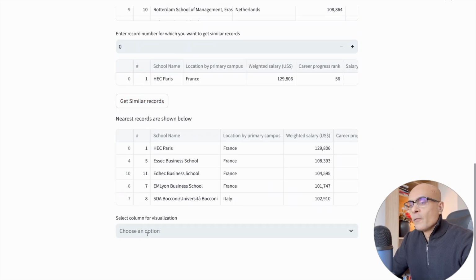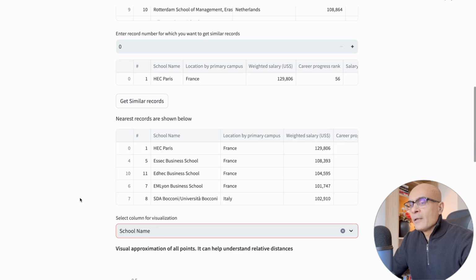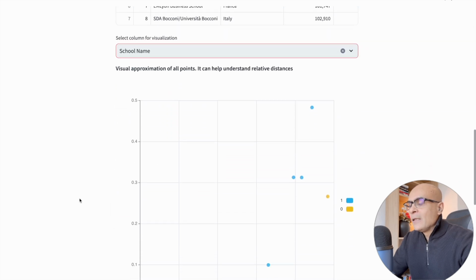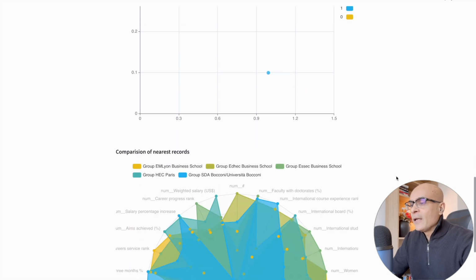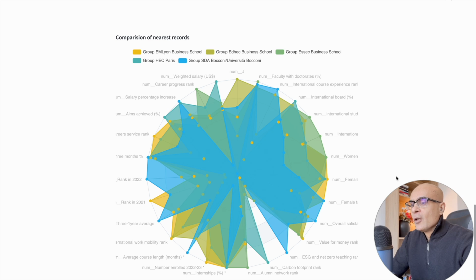And let us also visualize this information, and here you can see that the HEC Paris school is indicated as an orange dot, and all other schools are indicated as blue dots, and the closest one here is EdTech Business School.